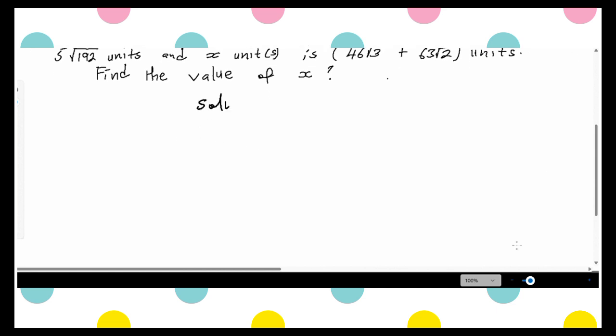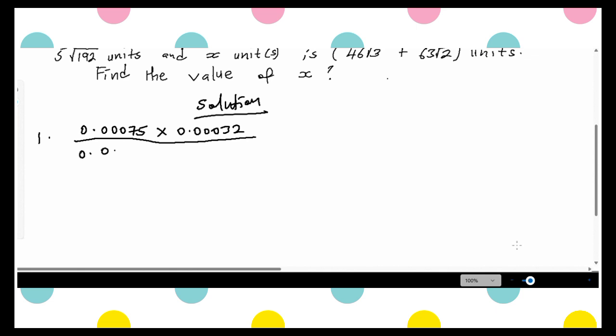Solution. We have 1. The question is 0.00075 times 0.00032 all over 0.00016 times 0.0025.